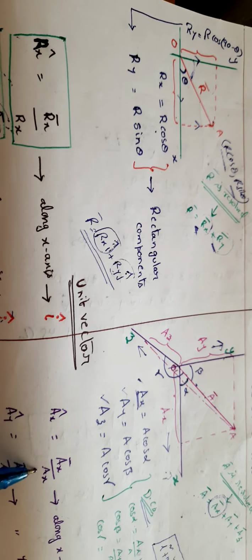Now a bar is equal to unit vector multiplied with magnitude gives you the vector. So unit vector is equal to a bar by modulus of a bar. This is very commonly what you will be seeing everywhere. xi cap plus yj cap is a bar. Is it not? What is your a bar? xi cap plus yj cap. Now here a bar by mod of a bar is root of x square plus y square. This is in 2 dimensions.